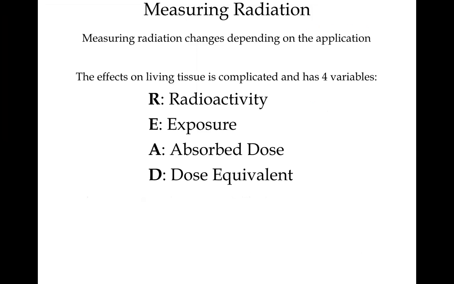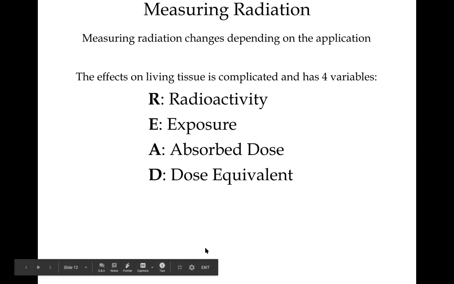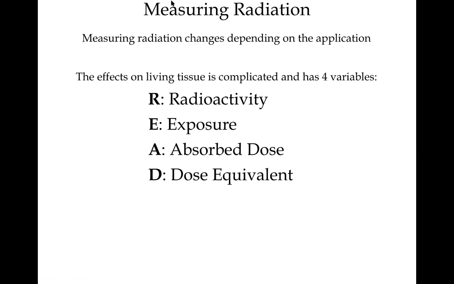And so we have to tailor how we measure the radiation depending on several different parameters, or variables. We have this acronym READ, which stands for radioactivity, exposure, absorbed dose, and dose equivalent. These are the four variables that we take into consideration when we try to figure out what somebody's interaction with radioactivity is.